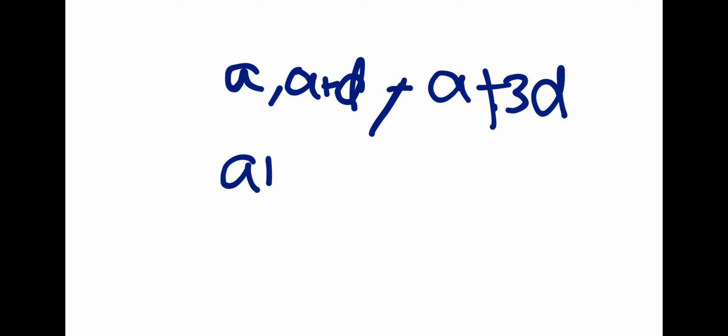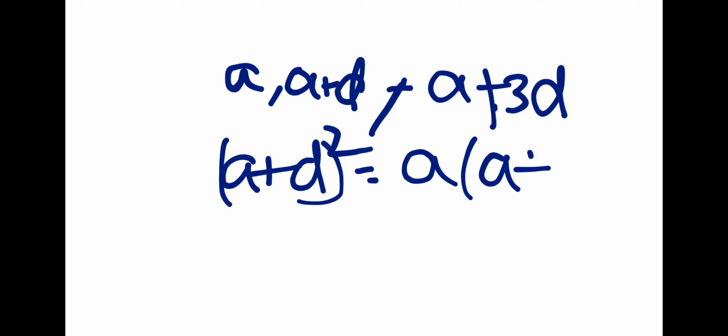Then the first, second and fourth terms of the AP will be A, A plus D and A plus 3D. Since they are in GP, the square of the middle number equals the product of the other two: (A plus D) square is equal to A into (A plus 3D).